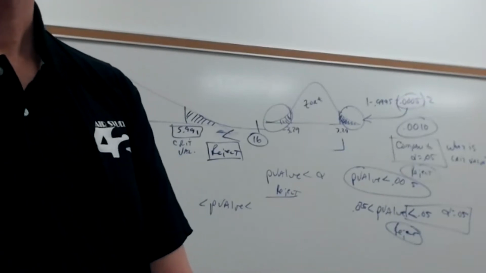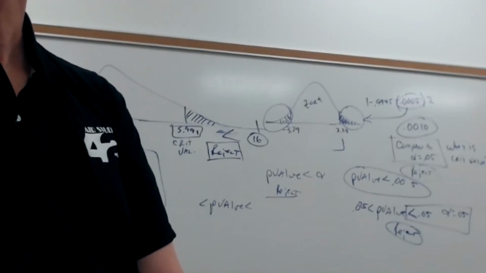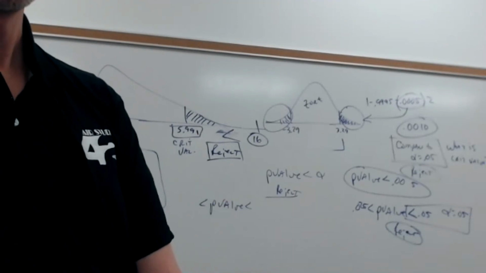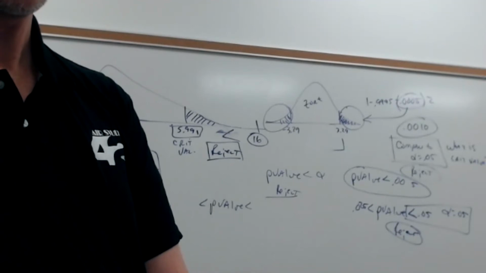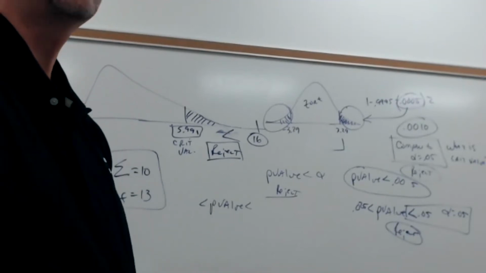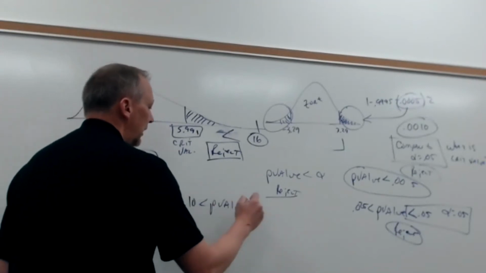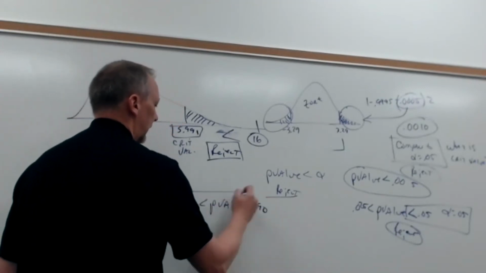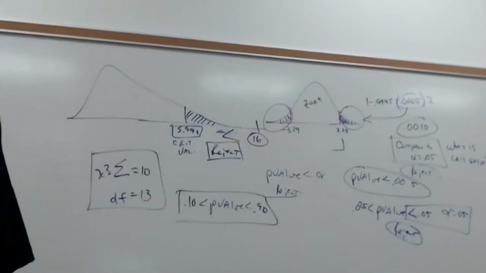I'm looking at line 13, 13 degrees of freedom. Where does 10 fit on that line? It fits right in between here. So what's my p-value? It's in between 0.10 and 0.90. That's a big range, right? Sorry, that's all you get.